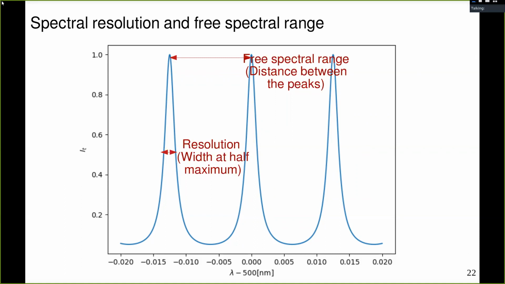Sometimes the separate peaks are also called orders. People will encounter that. We also hear the name order in spectrographs, because one peak is 3,000 wavelengths, and then the next one is 3,001 wavelengths, 3,002.